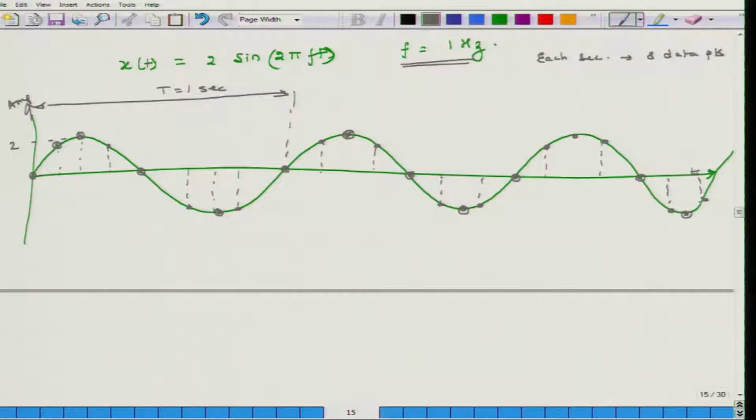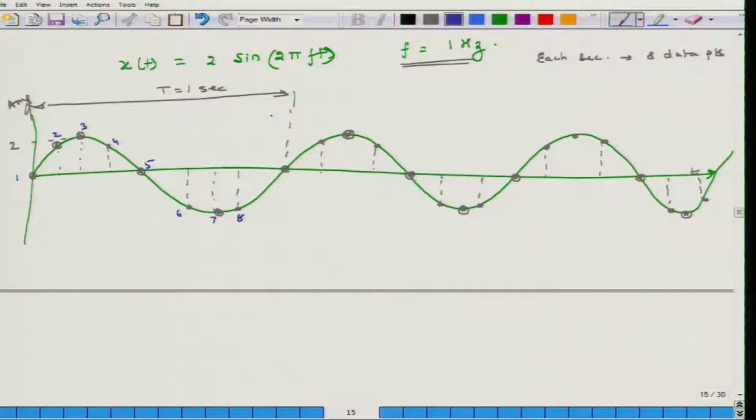My data acquisition system is not giving me the green curve, it is just giving these data points, and in 1 second it is giving me 8 data points. So, let us just count these points. This is point number 1, 2, 3, 4, 5, 6, 7 and 8.